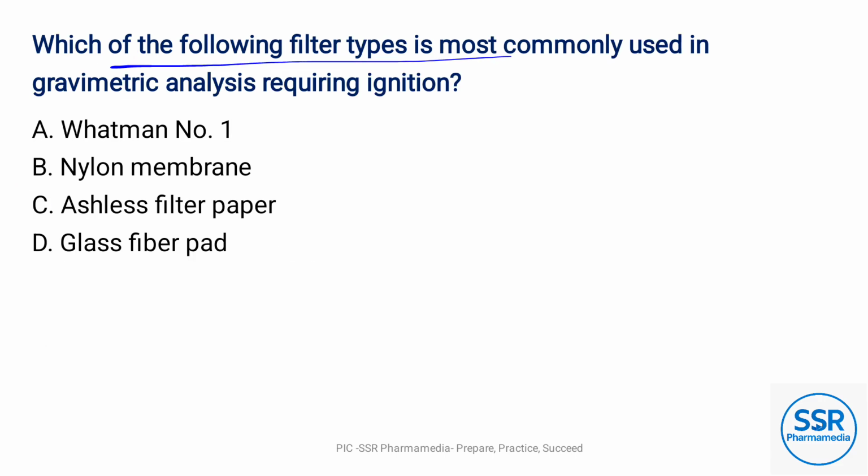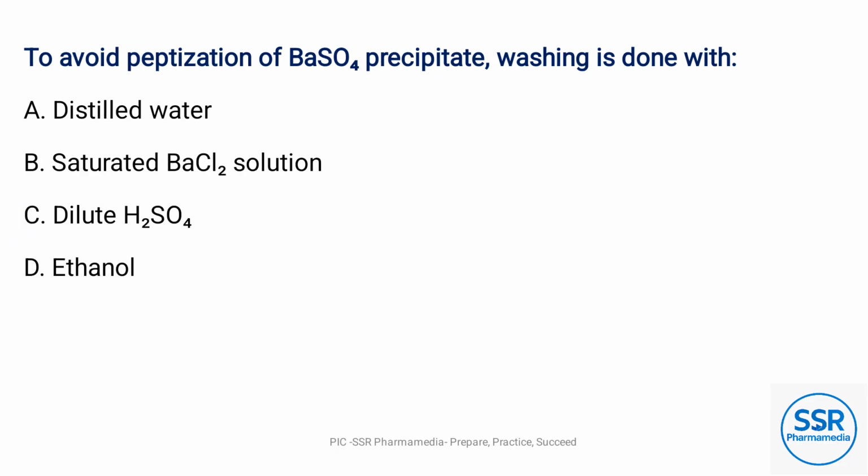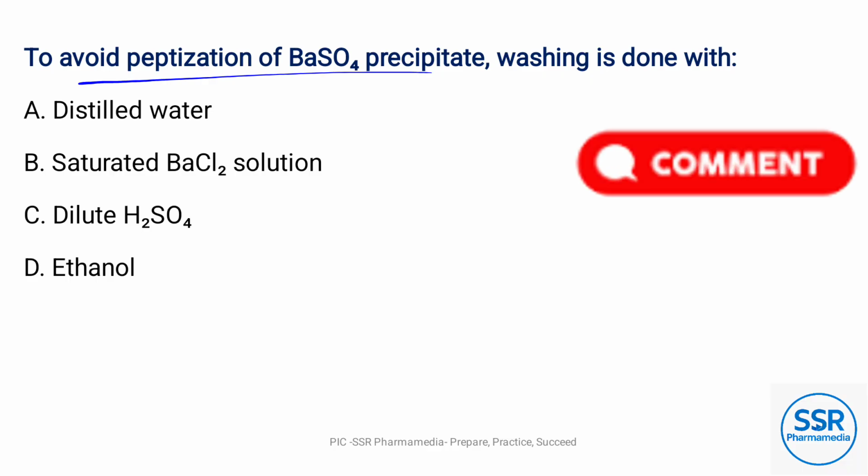Which filter type is most commonly used in gravimetric analysis requiring ignition? Option C, ashless filter paper. To avoid peptization of barium sulfate precipitate, washing is done with, answer in the comment box.